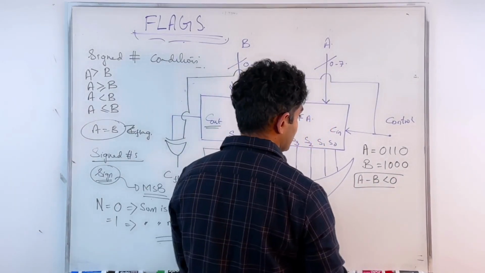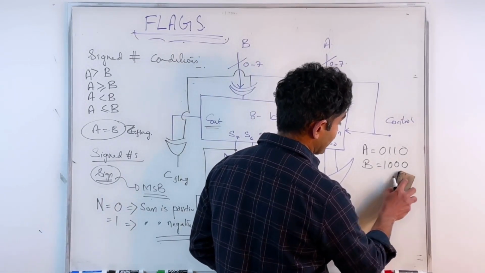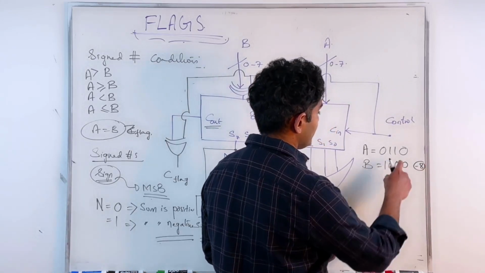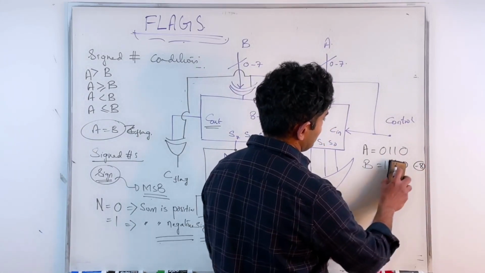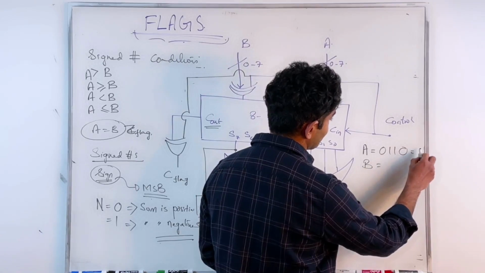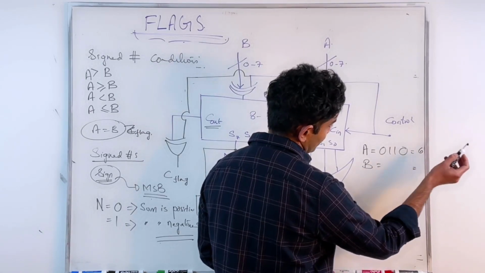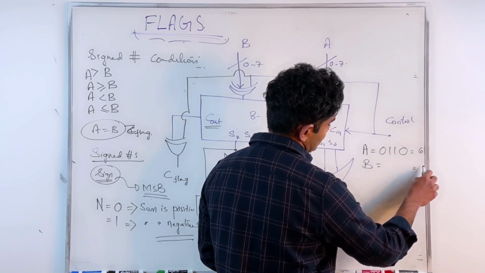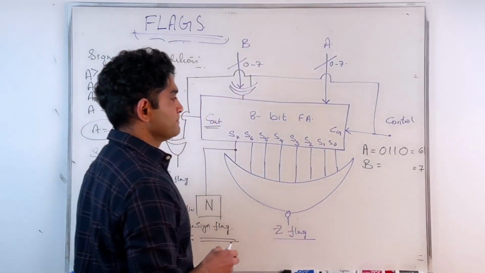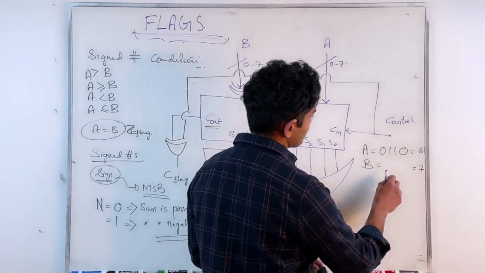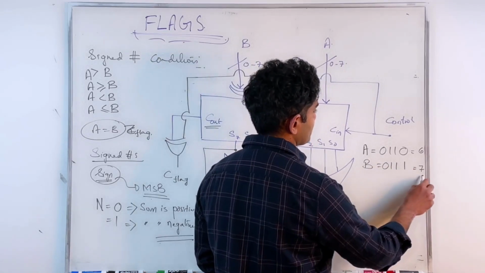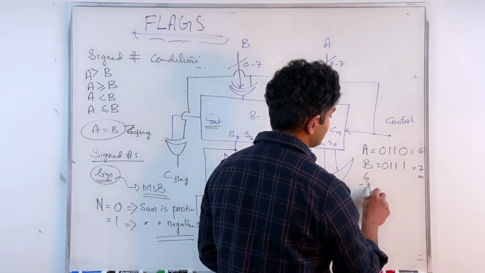I'm sorry, no. These are signed numbers, so this is not 8, this is negative 8. Let's not take 8. Let's take another number, 6 and 7. So 6 minus 7 should be negative 1.